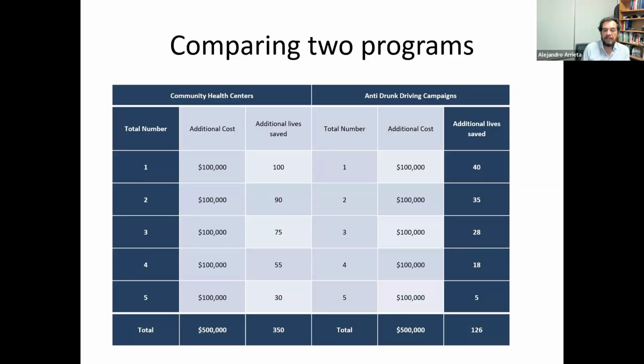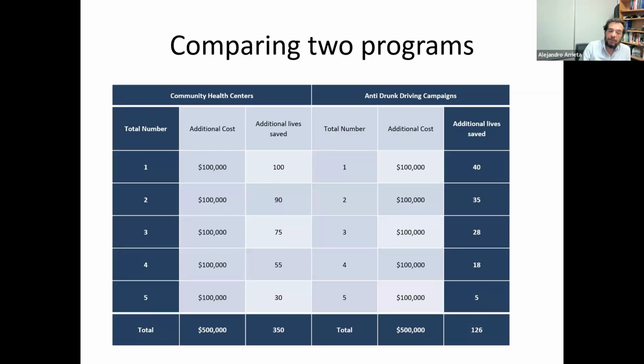And we can have a savings of 100 lives thanks to this community health center. Now you can build a second one in the same area. Let's assume it costs the same. Because it's the same population, the benefits are still good, but not as big as the first one. So the second community health center can save 90 lives.